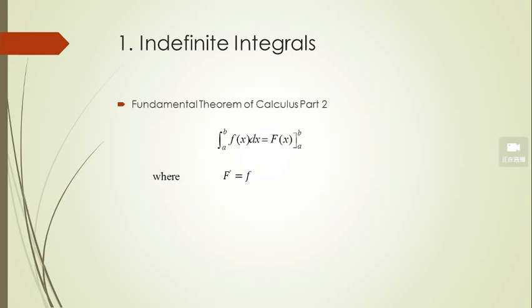Or f(x) is a natural exponential, or 1 over x, then we can also work out the antiderivative of this type of function, right? So we take the antiderivative evaluated at the two endpoints, then take the difference. We can work out this one.